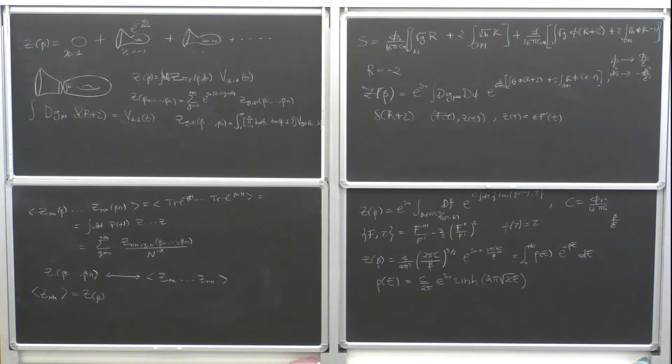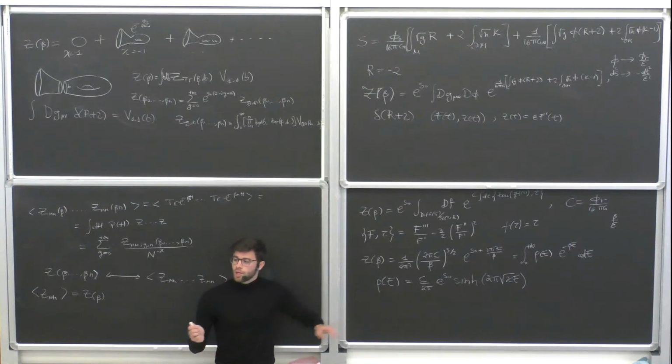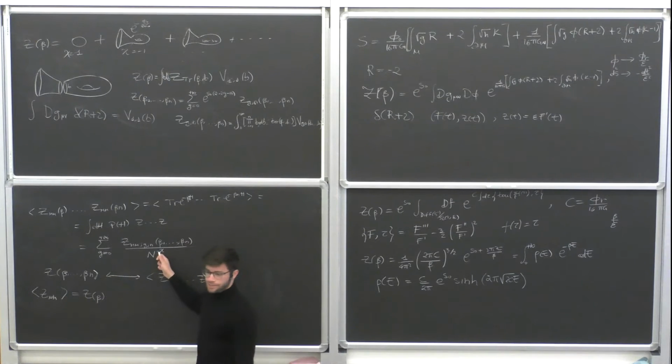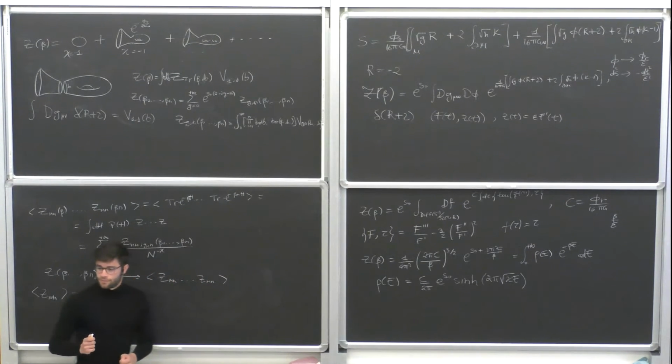And the non-trivial part is that it is sufficient to say, I want to get the same spectral density, to actually get everything to be equal. Every term in these expansions will be equal. So this is non-trivial.